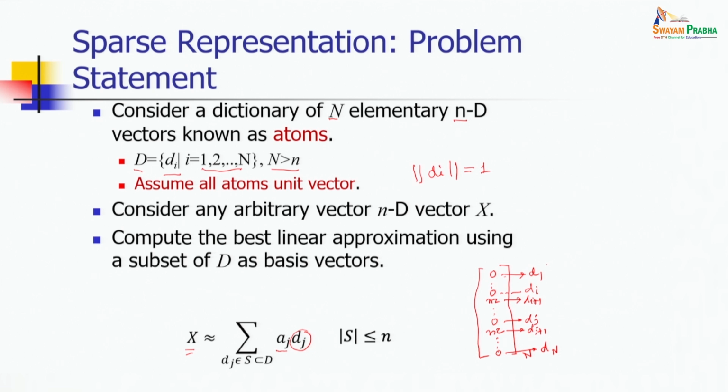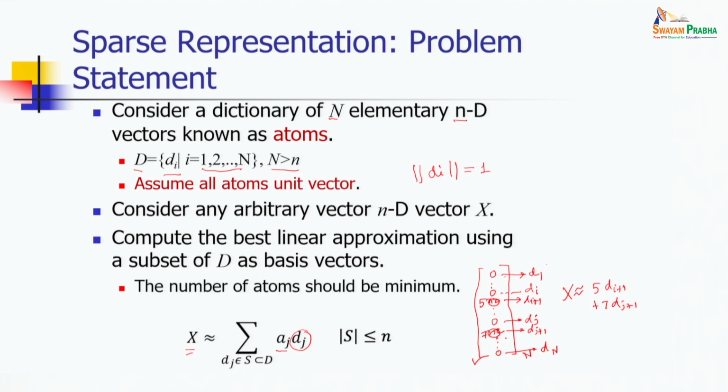Only 2 atoms, for example, are used in this representation, and their non-zero values could be something like, say, 5 and, say, 7, which means x can be represented as 5 di plus 1 plus 7 dj plus 1, with some value of error. So this is sufficient to have this representation. But this representation is called sparse because most of the coefficients are 0 with respect to that dictionary.